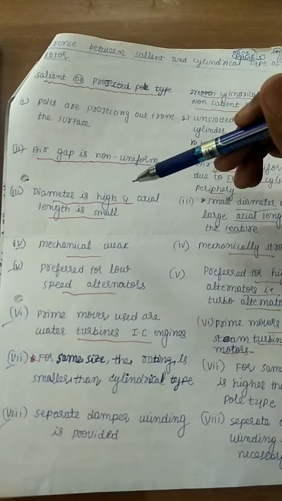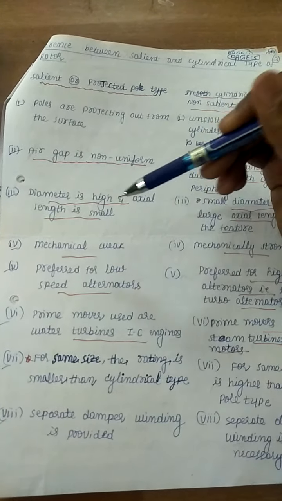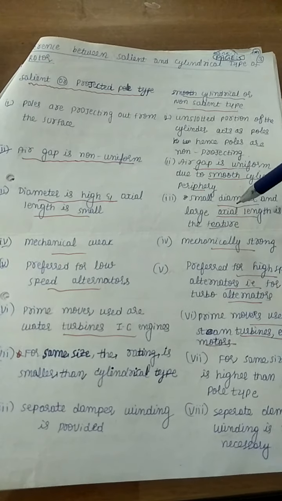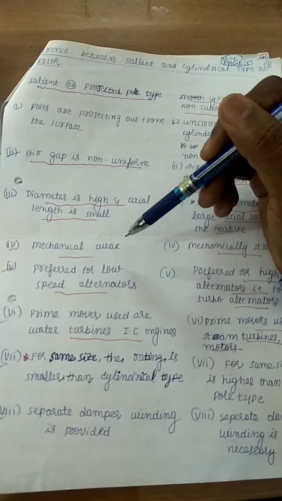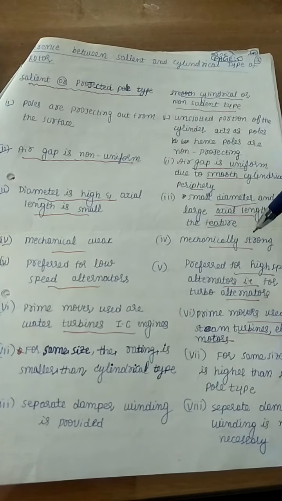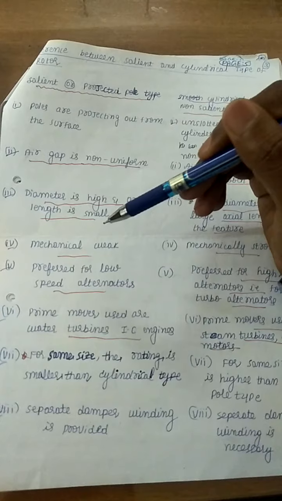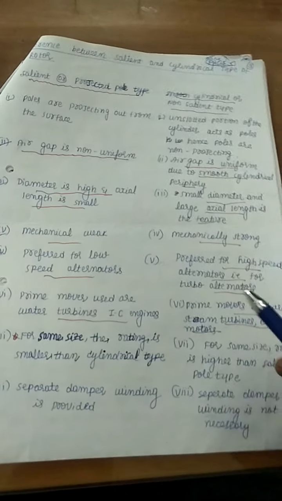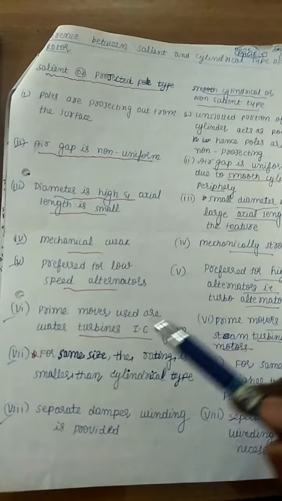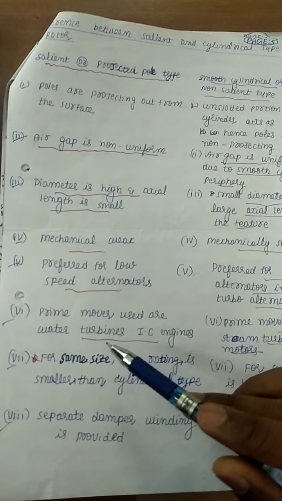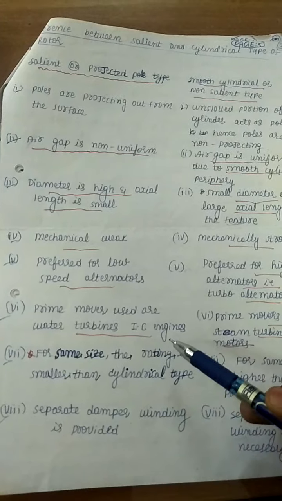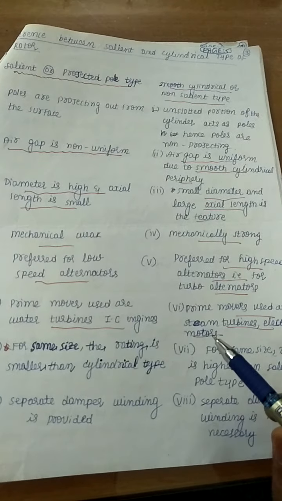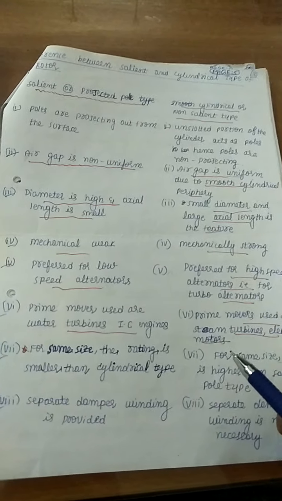The diameter is very high and axial length is small. Here it is small diameter and large axial length. It is mechanically weak, and this side it is mechanically strong. The salient type is preferred for low speed alternators, and this will be preferred for high speed alternators. The prime movers used in this type of rotors are water turbines and IC engines. The prime movers used in smooth cylindrical type rotors are steam turbines and electric motors.